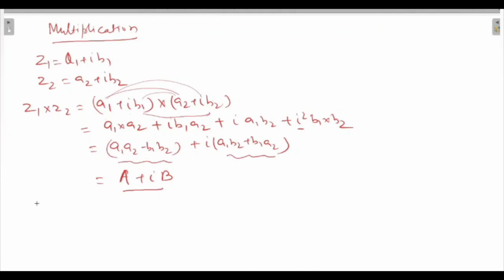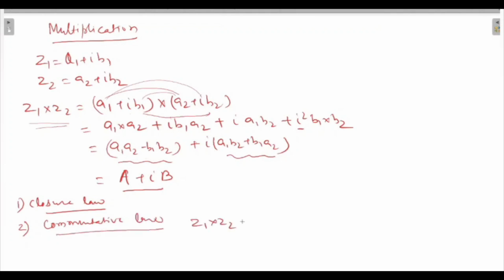And again, there are rules, the same rules as for addition. So the closure law will be applicable here, which we have seen: if you multiply one complex number with another complex number, you will end up with another complex number, and which is true. So this is what the closure law is. Then the commutative law is also applicable here. The commutative law says either you do z1 into z2 or you do z2 into z1, it will be the same, right?